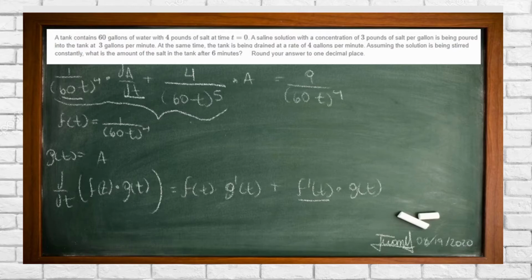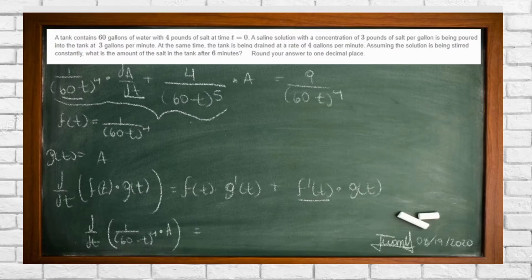So this portion of our equation, we can rewrite as the derivative with respect to t of 1 over the integration factor, 60 minus t to the fourth power, times a.